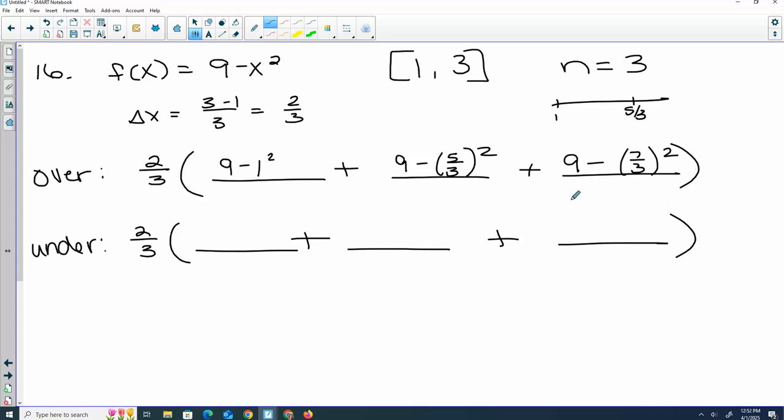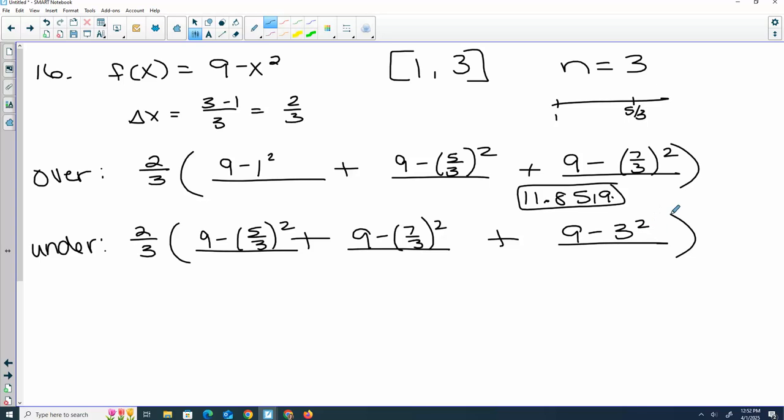And so I get 19.852. For the under, you take off the first one. So we're going to start with the 5/3. Then your 7/3. Next one, you add your 2/3, so that's 9/3 or 3.